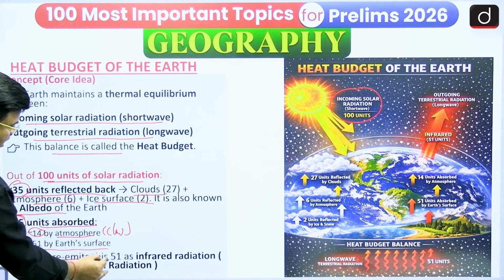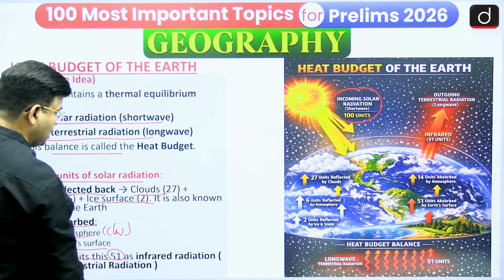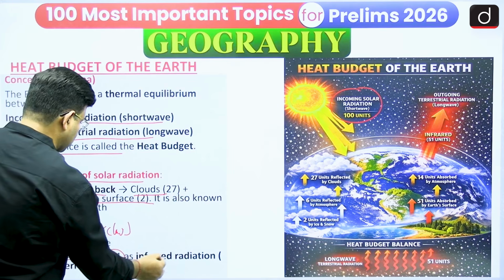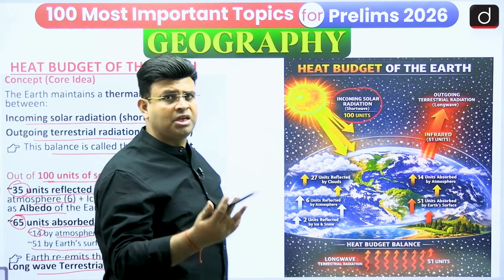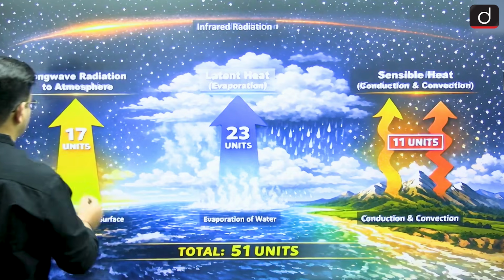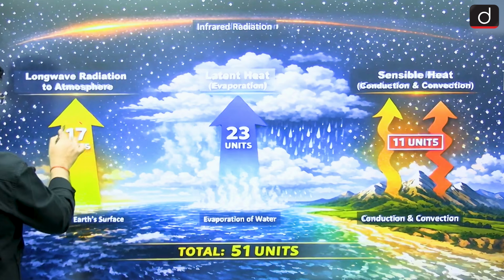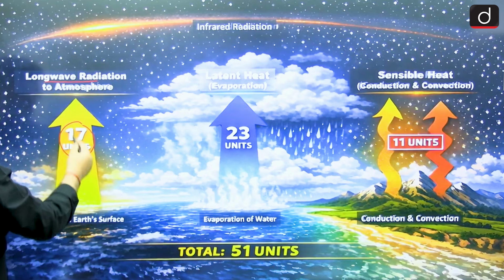And then the earth re-emits this 51 as long wave. Long wave means terrestrial radiation, the infrared radiation. Infrared, long wave is always infrared, and here you can say that 17 units is released as long wave terrestrial radiation from the earth surface.